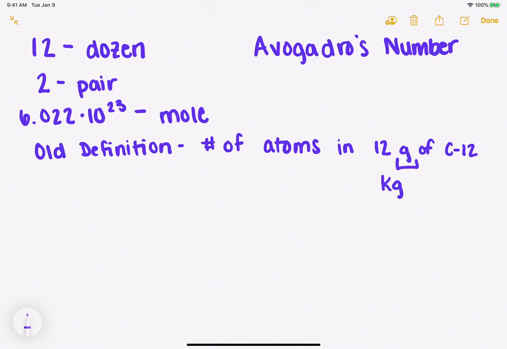So the mole started running into a problem when the definition of the kilogram was changed several years ago due to instability of the actual kilogram weight that was used to define the kilogram internationally. So when the definition of the kilogram changed, scientists realized that the definition of the mole also has to change.